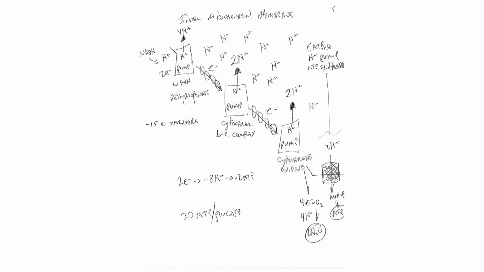So how is this potential energy used? Well, it turns out in addition to the electron transport chain in the inner mitochondrial membrane, there are also numerous large complexes of a protein called F1 ATPase. Sometimes it's referred to as the proton pump, but it's also ATP synthase.